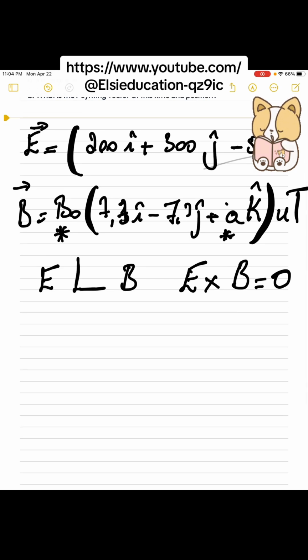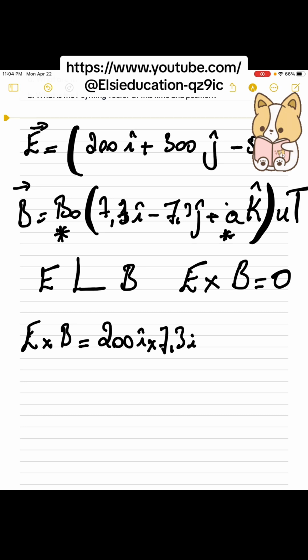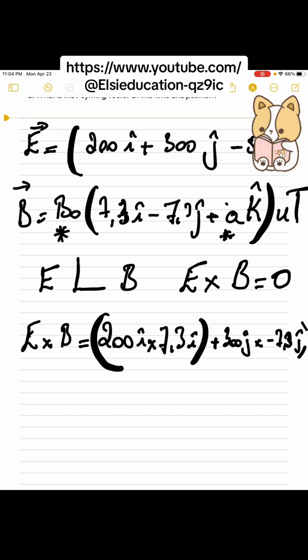We take the electric field multiplied by the magnetic field, which equals 200 i multiplied by 7.3 i, plus 300 j multiplied by minus 7.3 j, plus minus 50 k multiplied by A k.